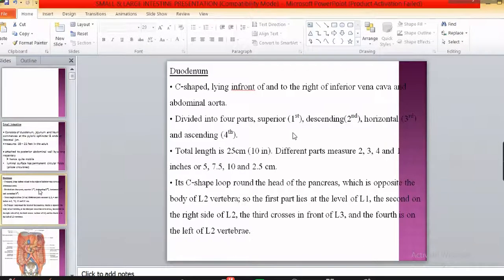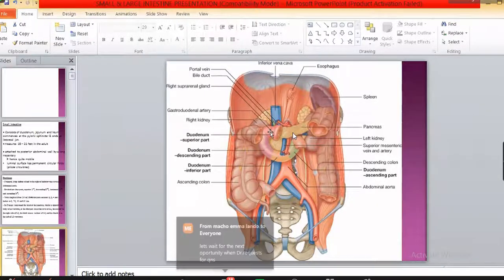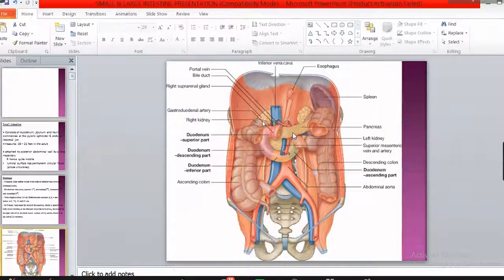So the duodenum, as you see in this image, is C-shaped. It continues from the pylorus here, continuation of the stomach, and crosses over to the right, and bends downwards to form the second portion of the duodenum, which runs over the medial end of the right kidney.